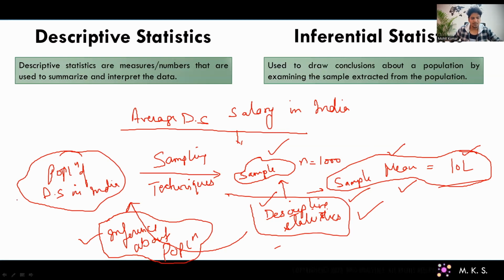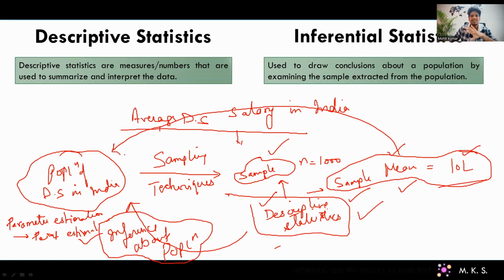For this purpose, we have different tools. The first one, which is more relevant in this case, is parameter estimation, where we have two classifications. One is point estimation, where we say that whatever the sample mean is, it is approximately close to the population mean.